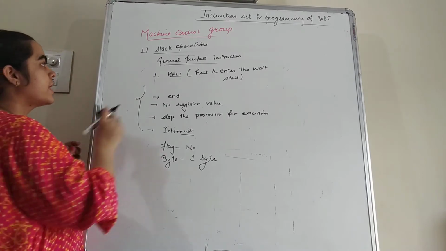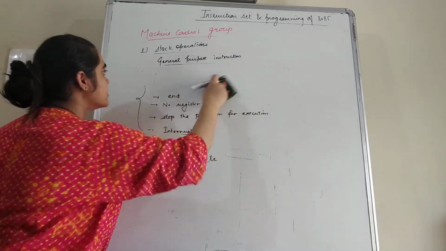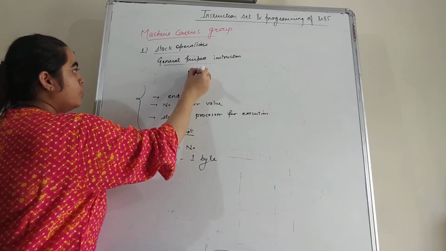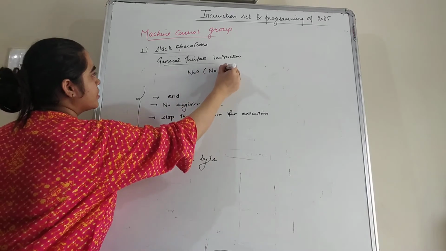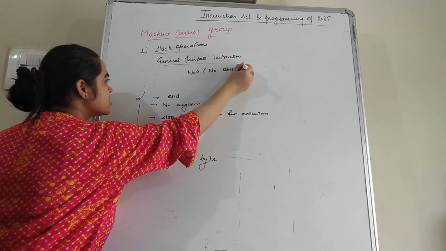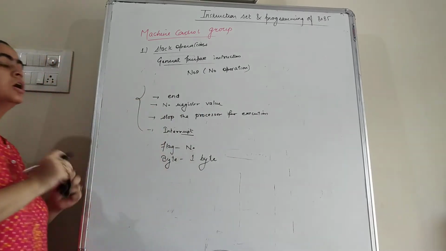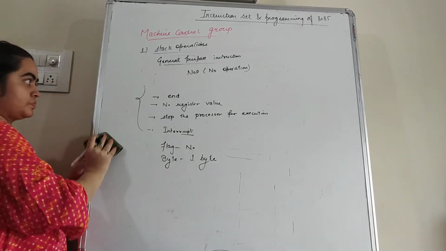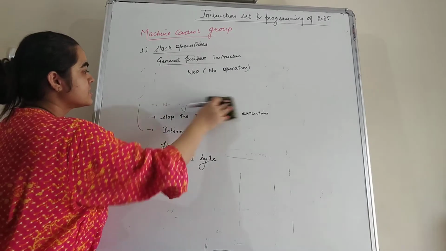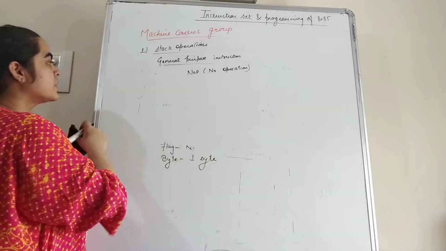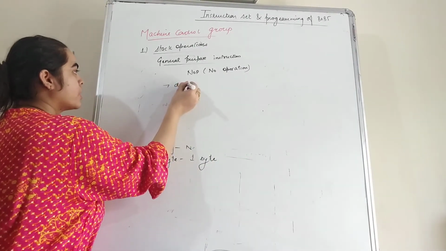After halt, the next instruction we have is NOP. NOP stands for no operation. So students, this instruction will do nothing. By this instruction we can simply delay the program.